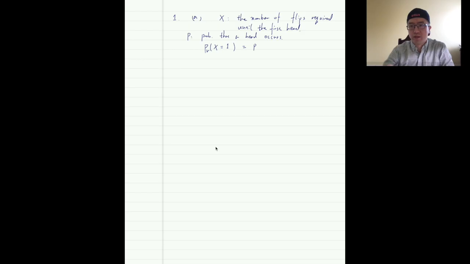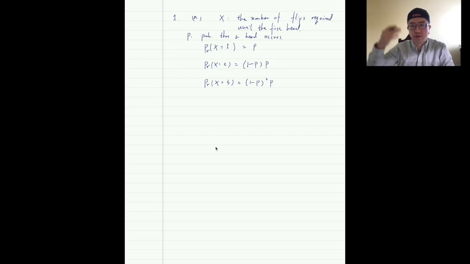The first try is a head. The probability that X is 2 is that the first try is tail, which happens with probability 1 minus P, and the second try is head, with probability P. Similarly, the probability that X is 3 is that the first two tries are tail and the last one is head.